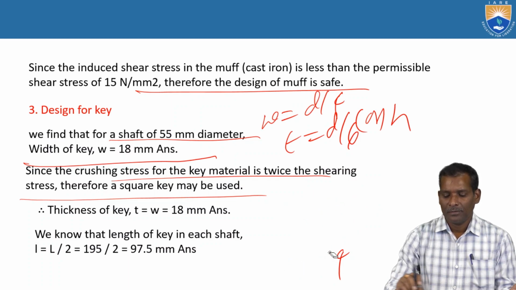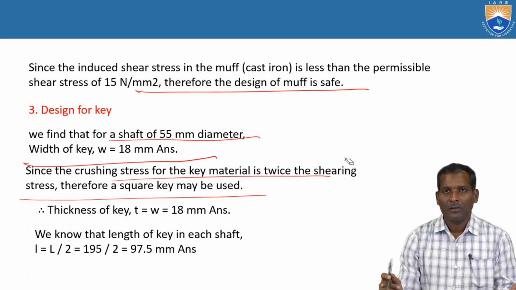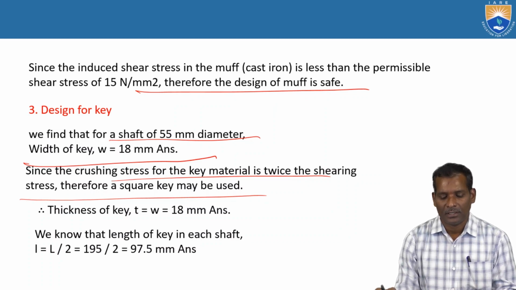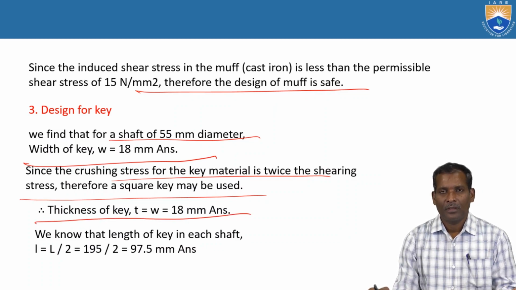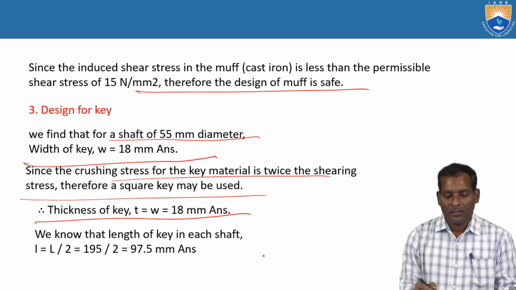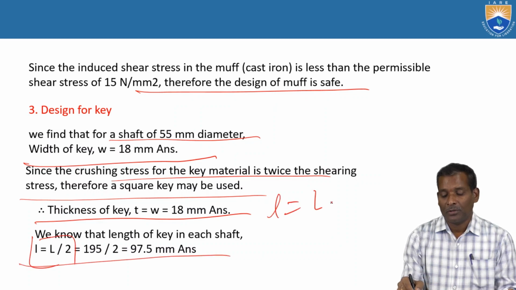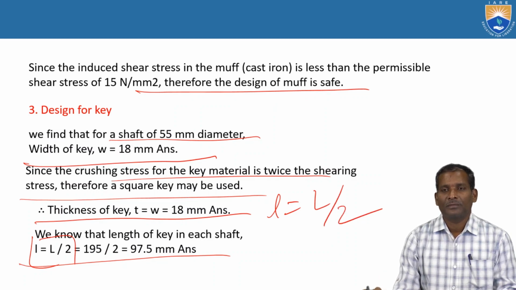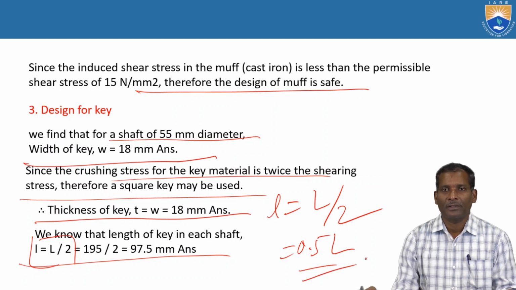Clear? So here the given condition is that the crushing stress of the material is twice the shearing stress, so the thickness of the key you may assume the same. Now the length of the key, by empirical relation, is equal to L by 2, the length of the muff by 2, so this is 0.5 times the muff length.